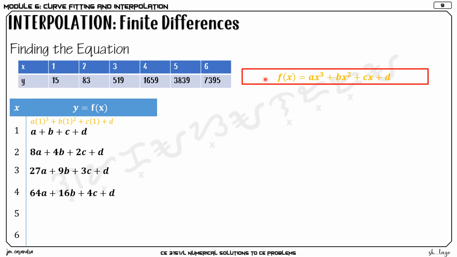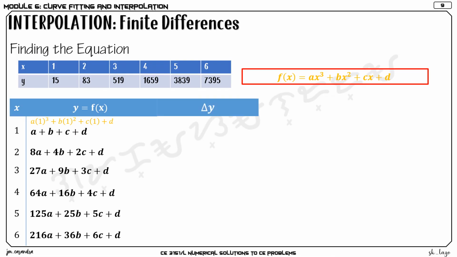And then 4 is equal to 64a plus 16b plus 4c plus d. And for x equal to 5, we'll have y is equal to 125a plus 25b plus 5c plus d. And for x equal to 6 will be 216a plus 36b plus 6c plus d.